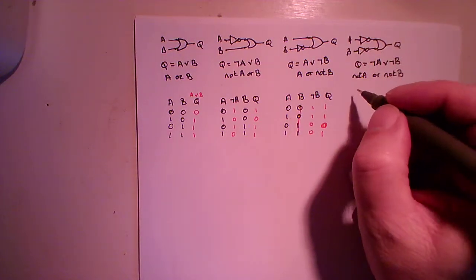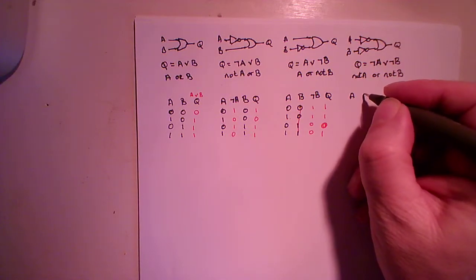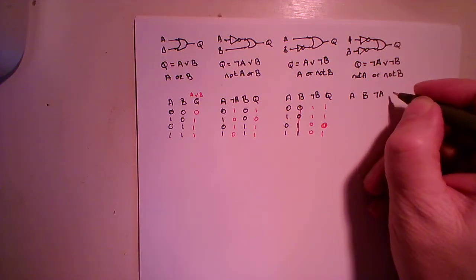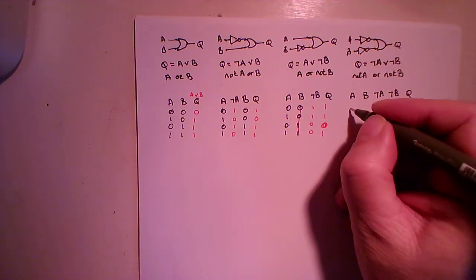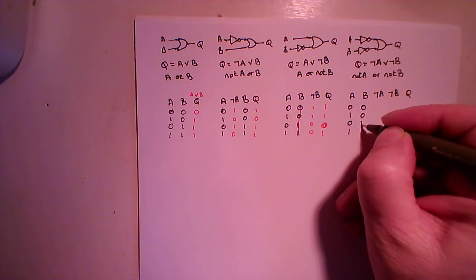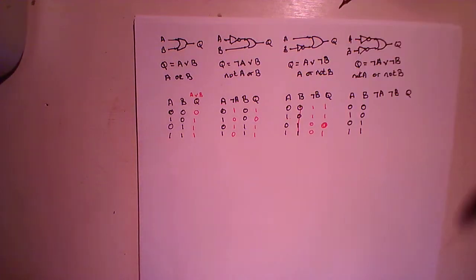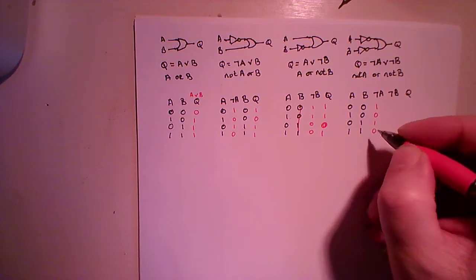And finally, we're looking at this one where we're doing not A or not B. So A and B, then I'm going to have my not A, not B, and Q. A is going to be 0, 1, 0, 1, 0, 0, 1, 1. Let's get these not A's in. So that is going to be 1, 0, 1, 0.